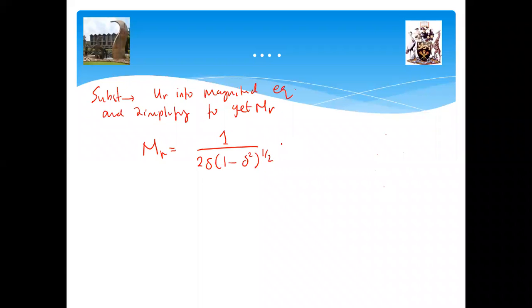And remember, this is valid for damping ratio less than or equal to 0.707.